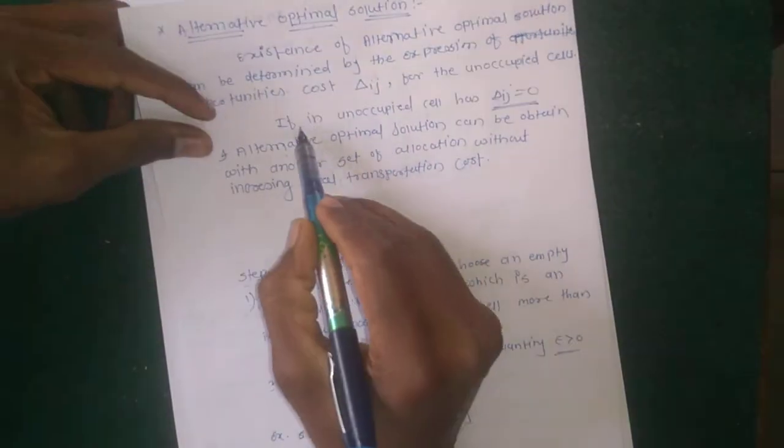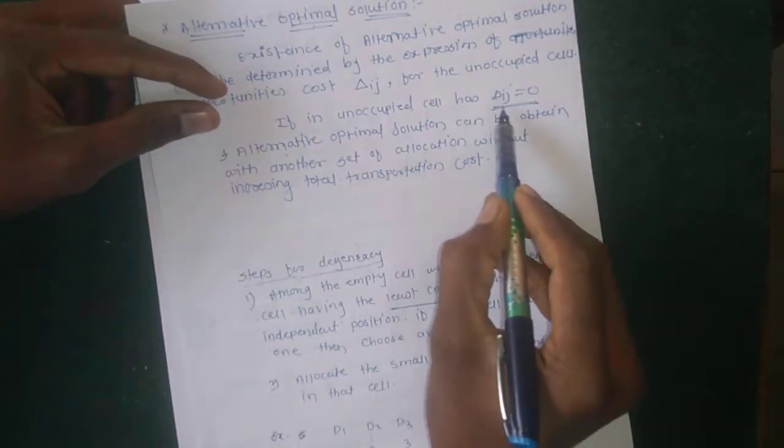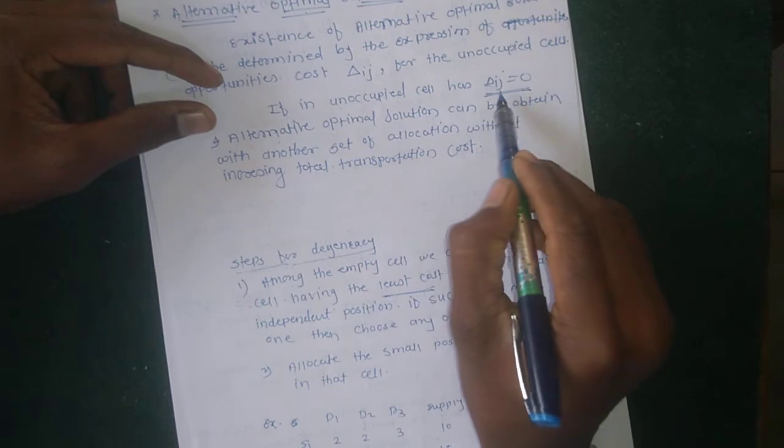So if an unoccupied cell has delta ij equal to 0, here delta ij is equal to 0 for the 1 3 cell.